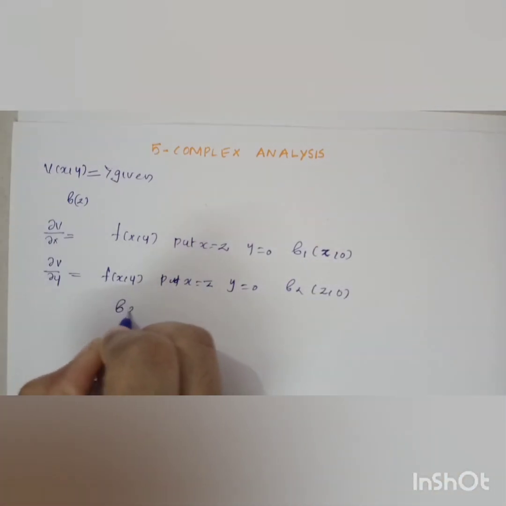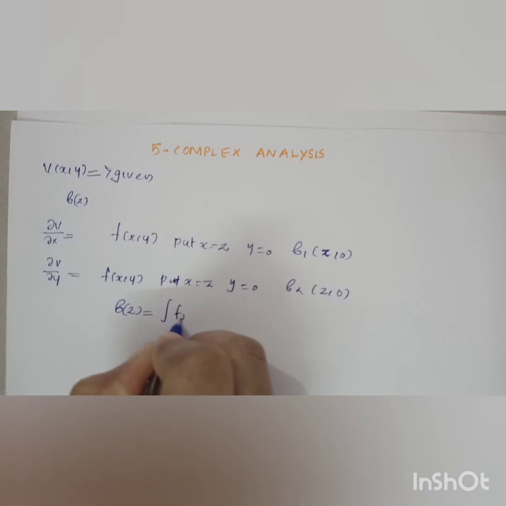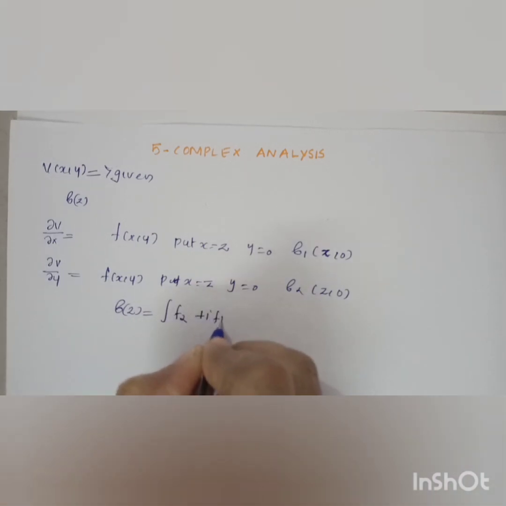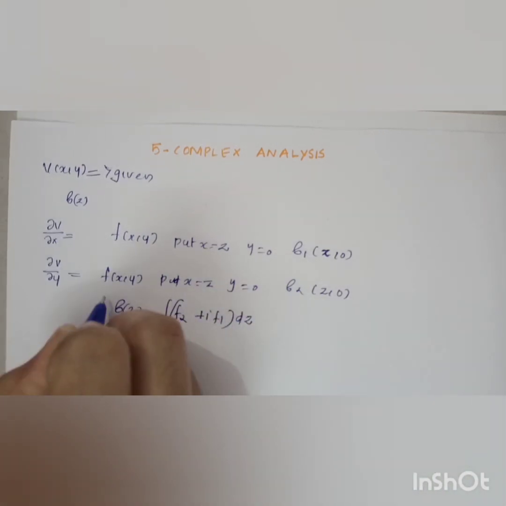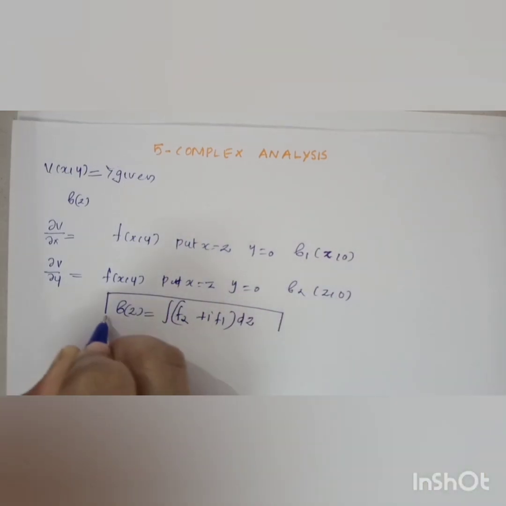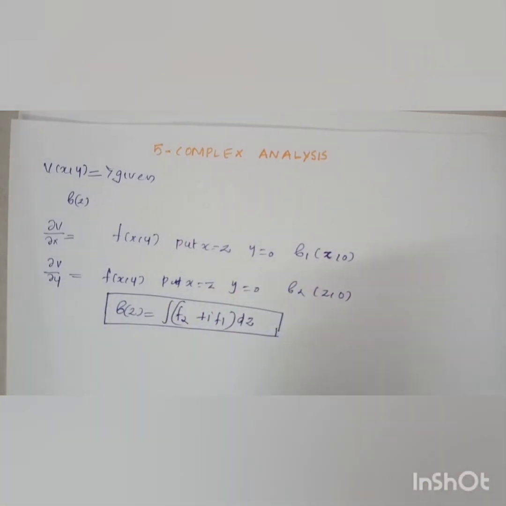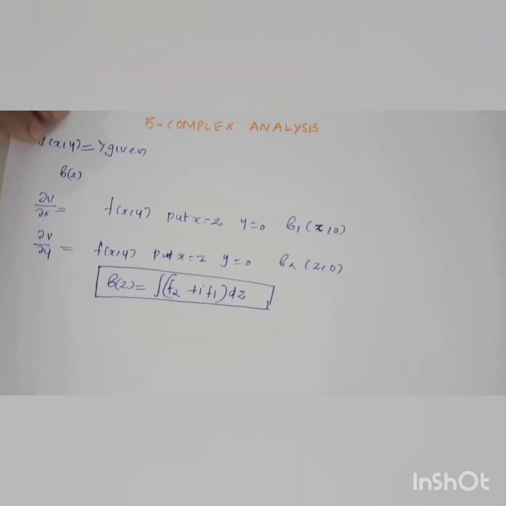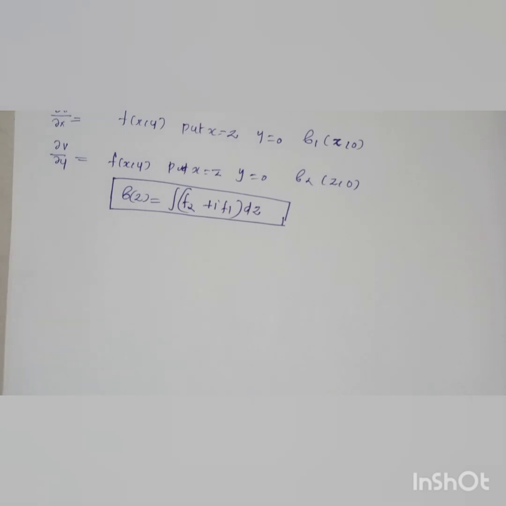So f of z is equal to integral f2 plus i f1 dz. This is the formula when v of x comma y is given and we have to find the function f of z.